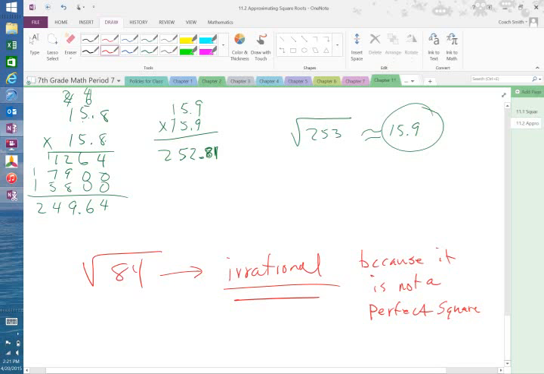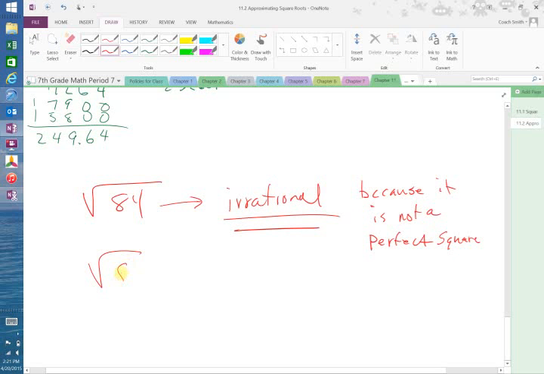Because there is no square root of 84, you'd have to approximate it. Okay? So this is irrational. So the square root of 81 is rational. The reason it's rational is because it is a perfect square.